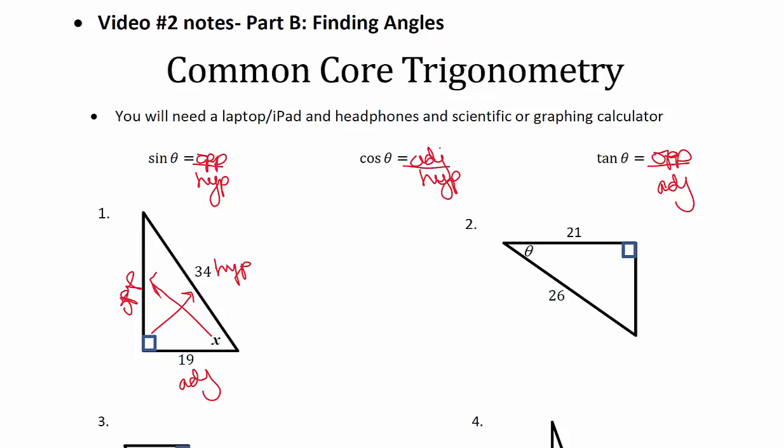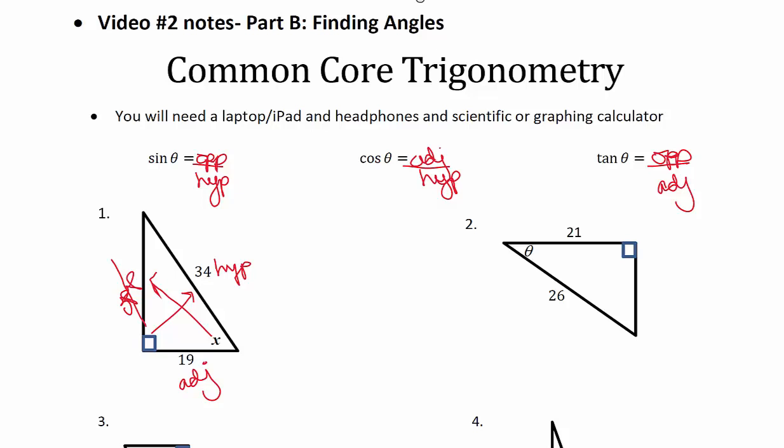Now, instead of what we were doing last time, where we found sine, cosine, and tangent, I want you to look through and see which sides you have something for. We have a number for the hypotenuse, 34. We have a number for the adjacent, 19. But the opposite, we don't have any number for.